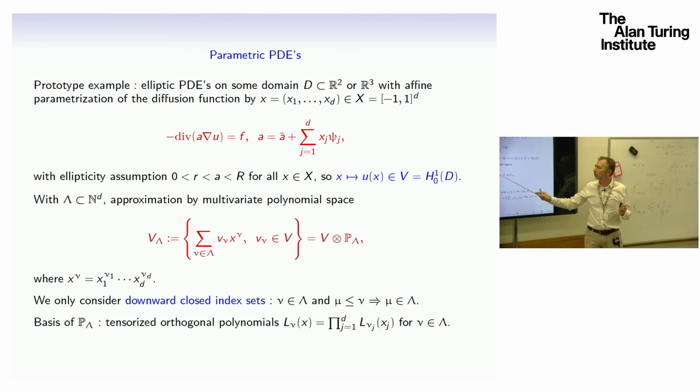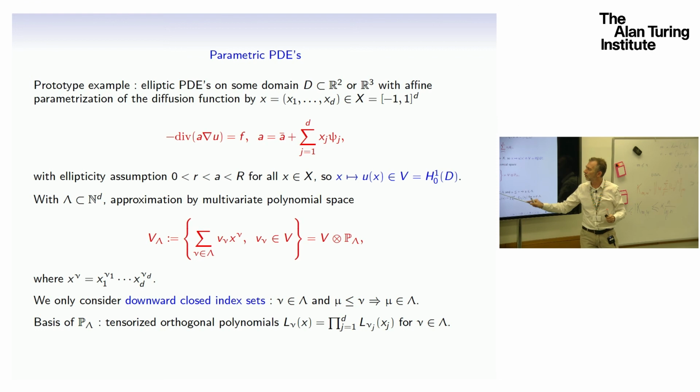We are going to approximate by multivariate polynomials. Now, because this map takes its values not in R, but in a Hilbert space, each coefficient in this polynomial will not be a scalar, it will be a function itself, or a finite element function if we work on some discretized grid.